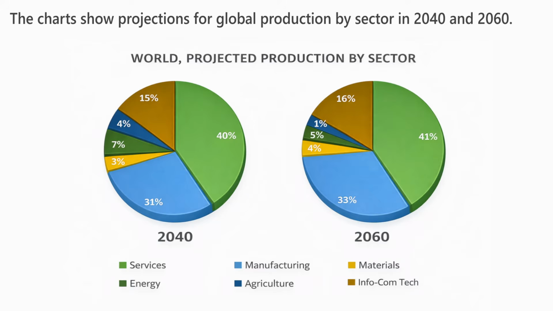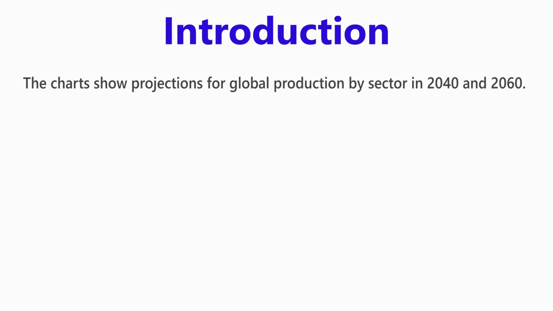And we'll start by writing our introduction. As you know, writing the introduction is pretty easy. We should just rephrase the question using some synonyms, all right? So let's start by reading the question again. The charts show. So instead of the charts, we can write the 2 pie charts. And instead of show, we can write a word like illustrate, all right? Projections for global production.